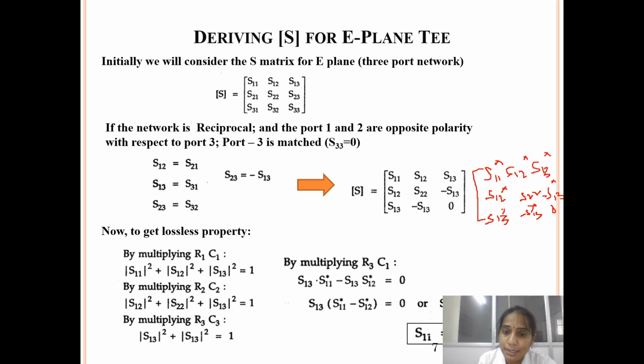And plus into minus, minus S13 S12 conjugate, and 0 into anything 0, that is equal to 0. So in these two terms, S13 is common, so you can take that outside and we can write S13 times S11 conjugate minus S12 conjugate is equal to 0. Obviously, the S13 value will not be equal to 0. So, this should be equal to 0, so I am writing S11 is equal to S12 from here. So, from here we can understand S11 is equal to S12.